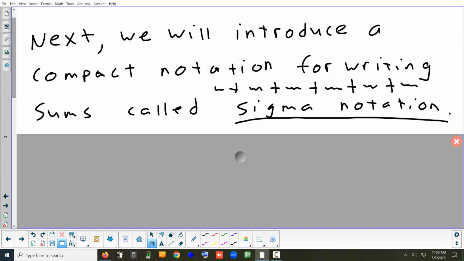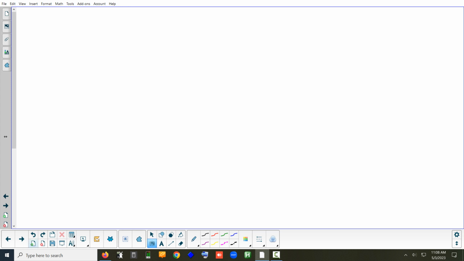There has to be some kind of notation that I could use to at least represent what I'm thinking. And the notation we're going to use is called sigma notation. Now, let's say I wanted to represent adding up every number from 1 to 1,000. And I don't want to write 1 plus 2 plus 3 all the way to plus 1,000. What I could do is this. I'll explain what this is. I said 1 to 1,000.